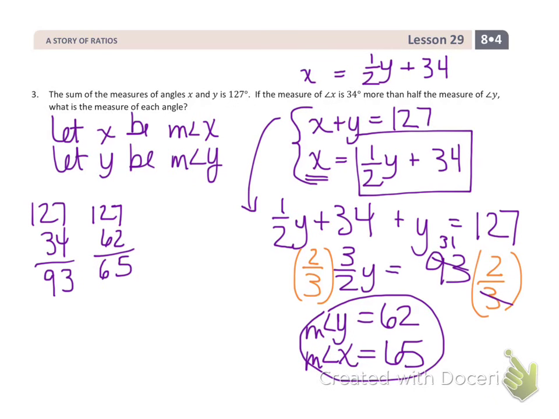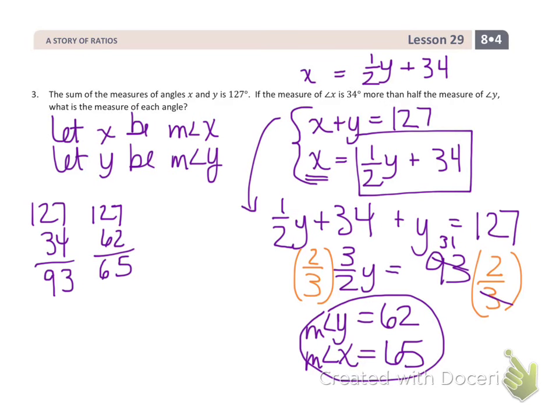You will actually see systems of equations come up quite often in real life and in these problems. This is practicing the word problems that we wrote way at the beginning of this module.